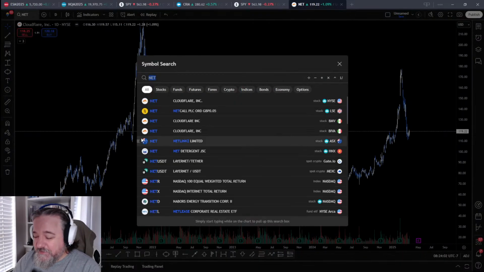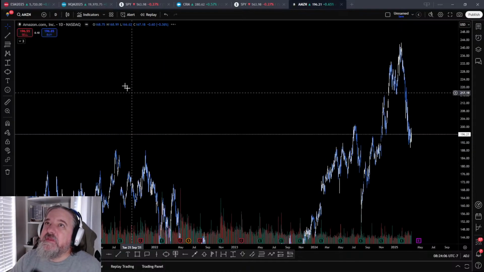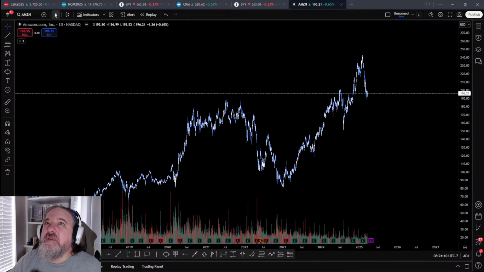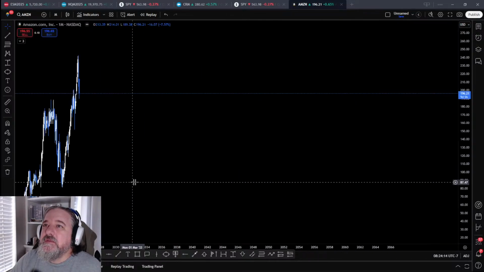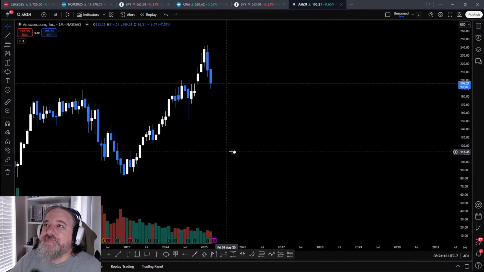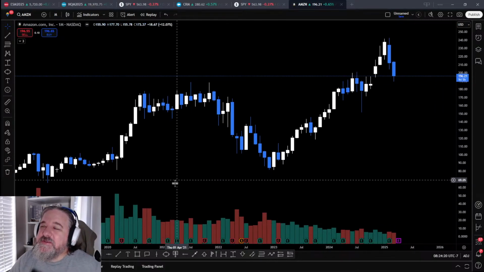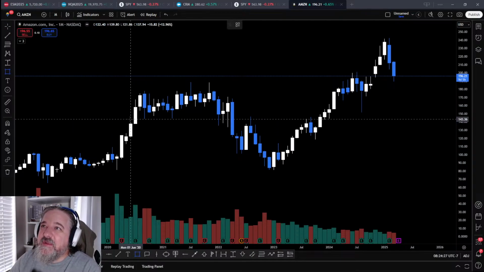If we go to Amazon, we're going to talk about another type of measured move. You can look at Amazon even on monthly candles, I think. And here we had the biggest consolidation that I think I've ever seen on a chart. I'm sure there's bigger ones, but nothing that I've actually noticed before.